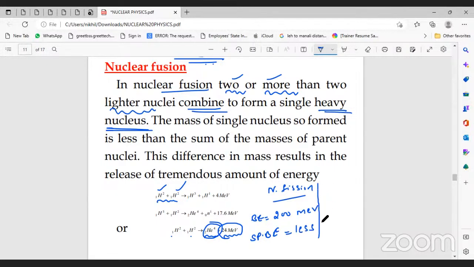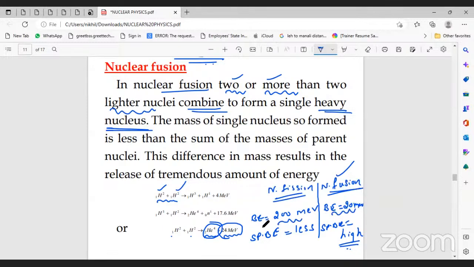In the case of nuclear fusion, energy released is approximately 20 mega electron volt. But if you calculate the specific binding energy, it will be very high in the case of a nuclear fusion reaction. So there will be two cases, nuclear fission and nuclear fusion. Please remember the energy released in both the cases.